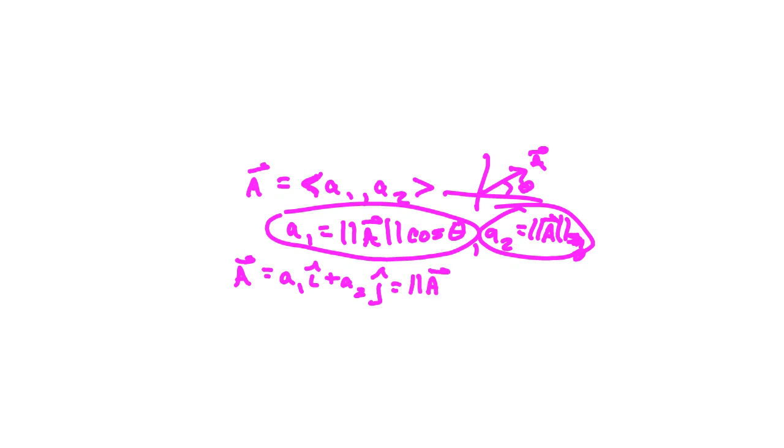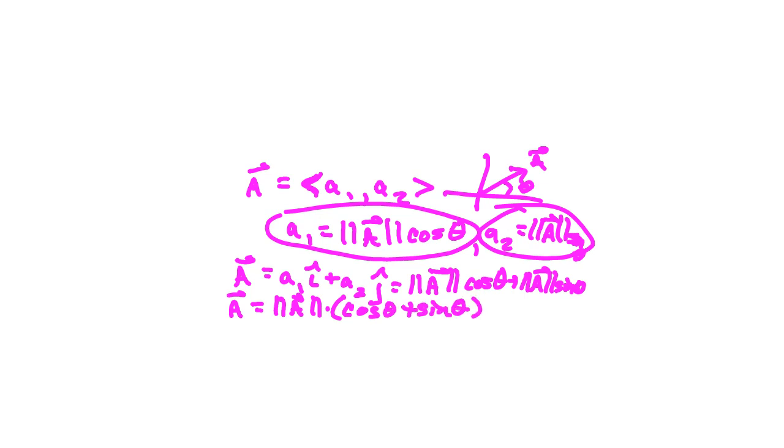So that's norm of A vector cosine theta plus norm of A vector sine theta, which of course we could pull the norm of A vector out front by the distributive law. Remember, that's just a number. Norm of A vector is a scalar, and then times cosine theta plus sine theta.